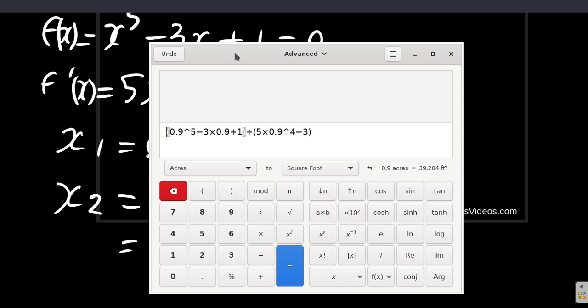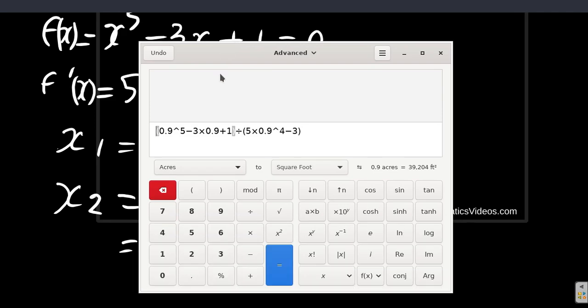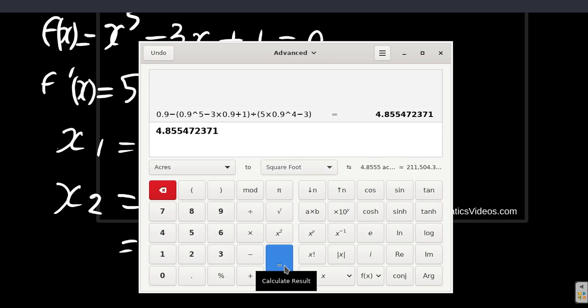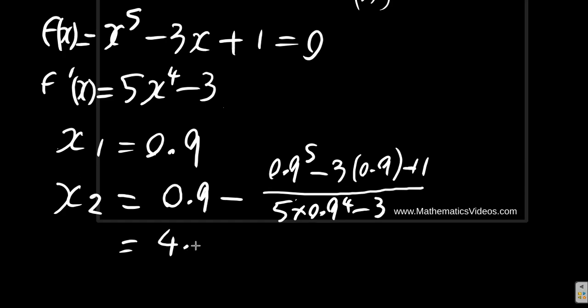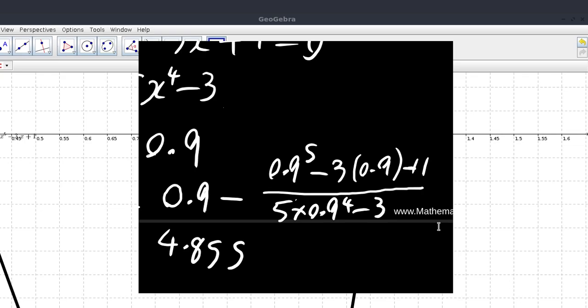But before that, we say 0.9 minus all of this, equals, we get 4.855. Let's look back at our graph.